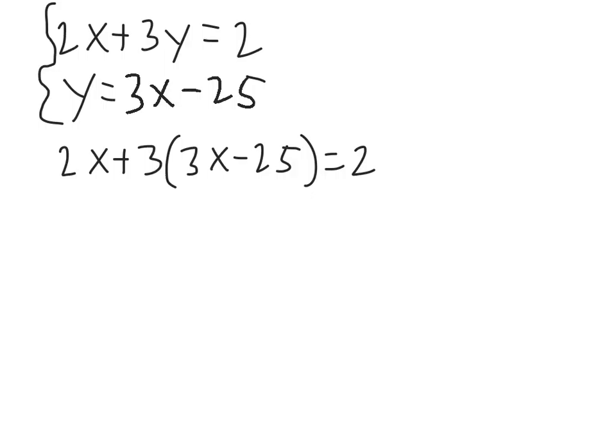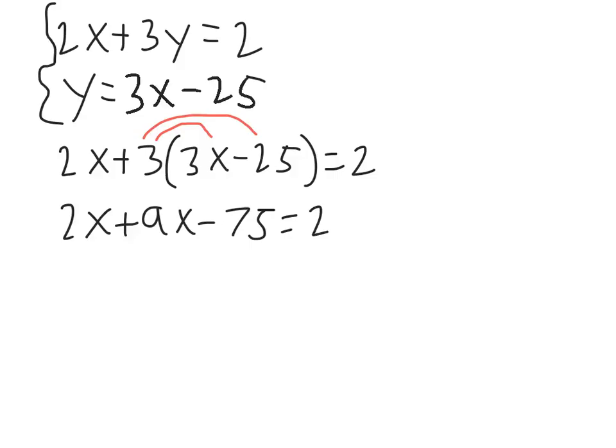So now we have to drop down the 2x and distribute this 3. 3 times 3x is 9x, and 3 times negative 25 is negative 75, equals 2. Now we can combine like terms here and say 2x plus 9x is 11x, minus 75 equals 2.